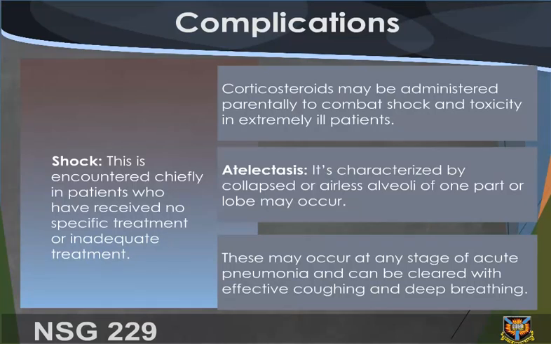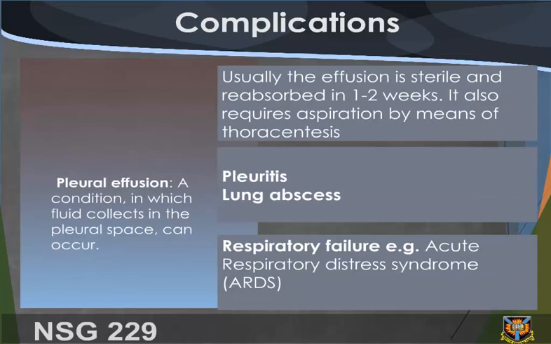Shock. This is encountered chiefly in patients who have received no specific treatment or inadequate treatment. Corticosteroids may be administered parenterally to combat shock and toxicity in extremely ill patients. Atelectasis. It's characterized by collapsed or airless alveoli of one part or lobe. This may occur at any stage of acute pneumonia and can be cleared with effective coughing and deep breathing.